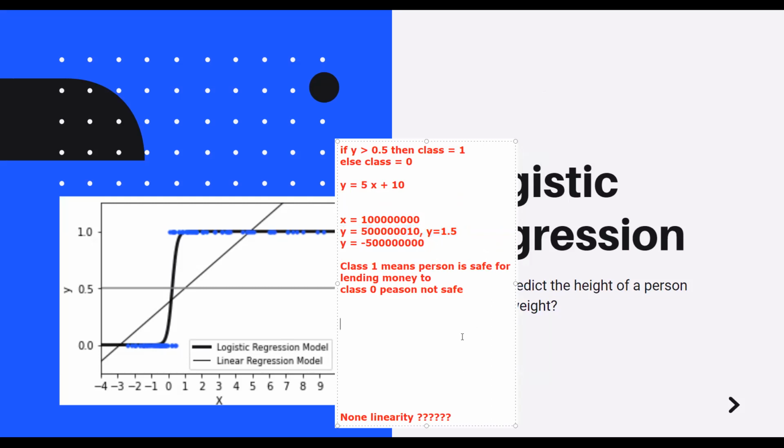But if I tell you the results are always going to be between 0 and 1, something such as 0.99 means the person is very safe, but something like 0.7 means he is safe, but not very much. But when it comes to an unlimited or unconstrained value, you can never really tell.